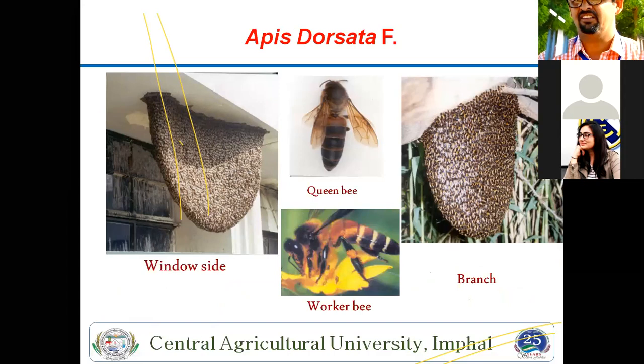Social means they have one group, one family, in which one queen is there, 4 to 5 or 10 drones, then up to 95% are worker bees, and the other 3 to 4% are soldiers. So this makes one group. That's why it is also known as a social insect.